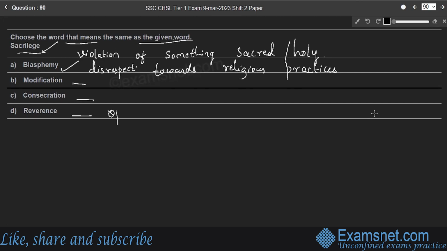Modification means alteration. Therefore, option A is the right answer.